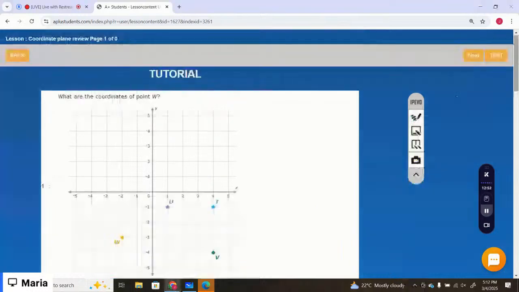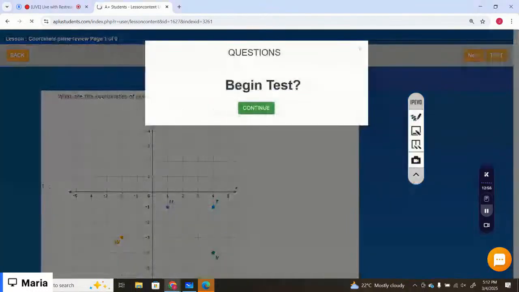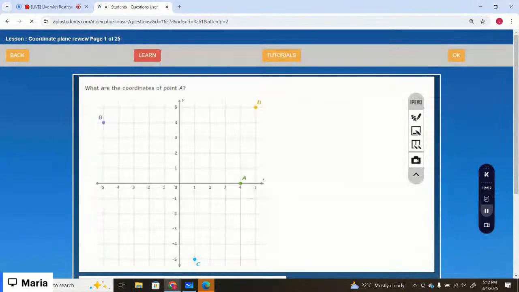Let's just start with the test questions. What are the coordinates of point A?